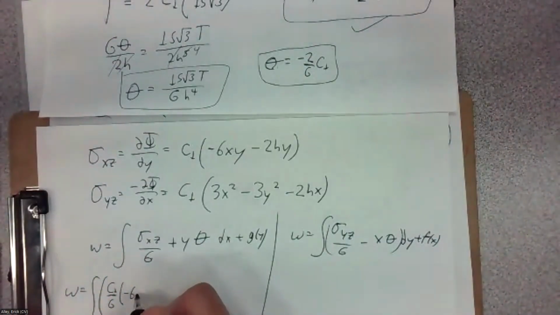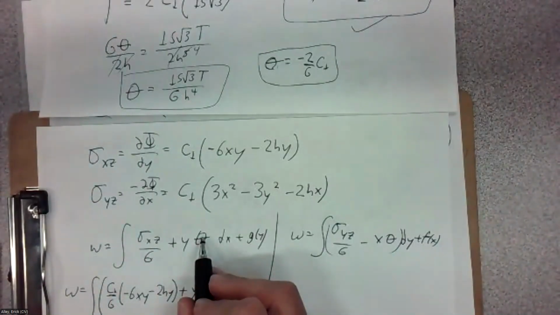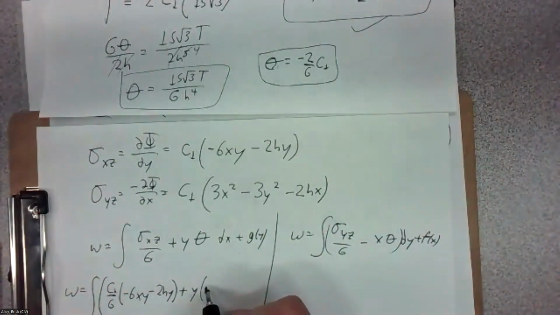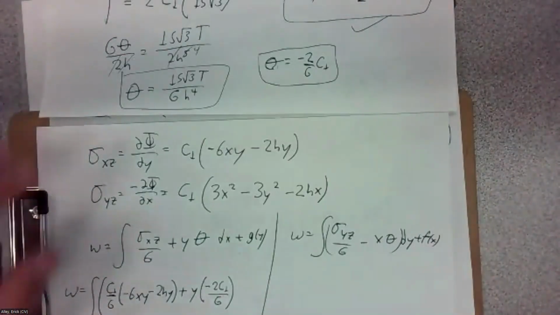And then it's going to be minus 6xy minus 2hy plus y times this theta. This theta was minus 2C1 over G. Look back there. Do I have that as a plus or a minus? Change that.